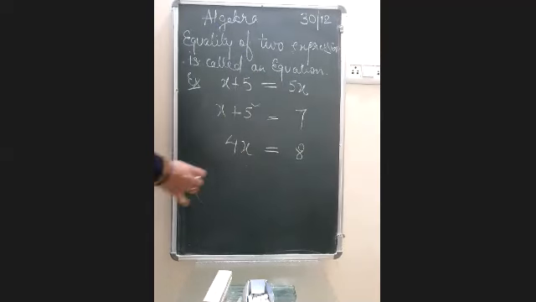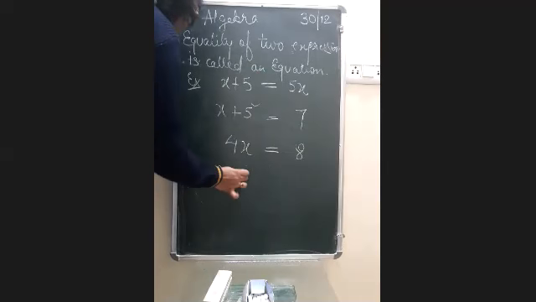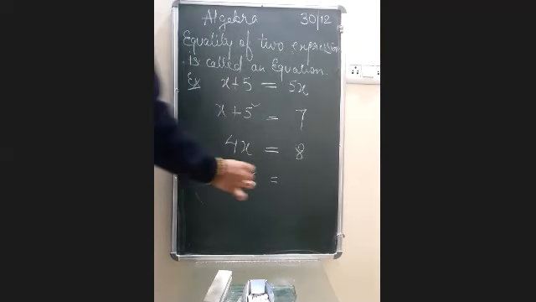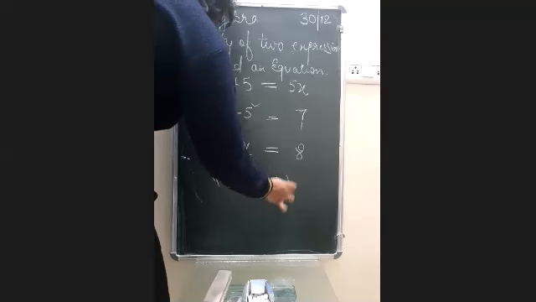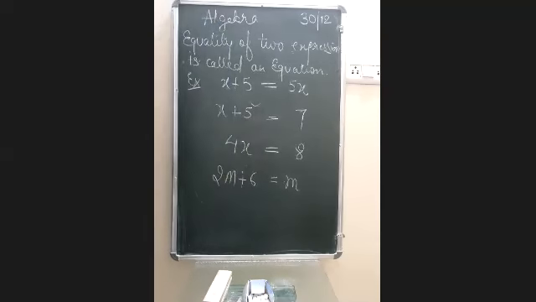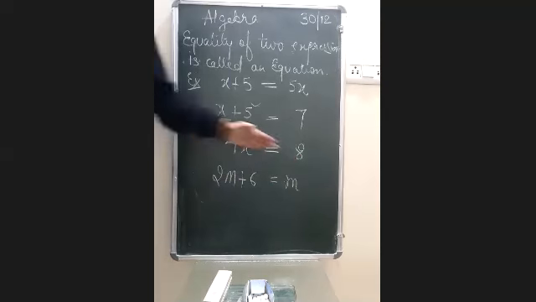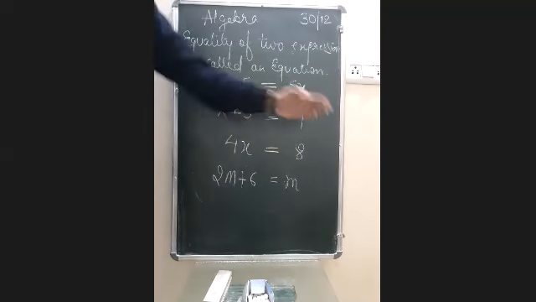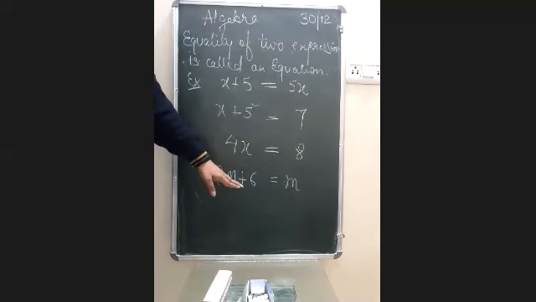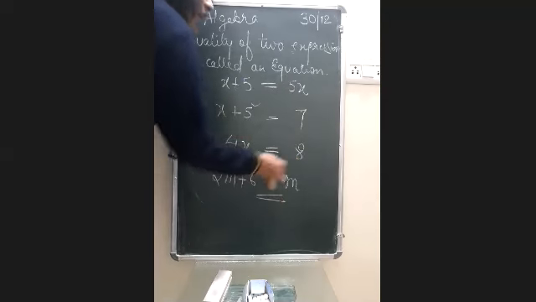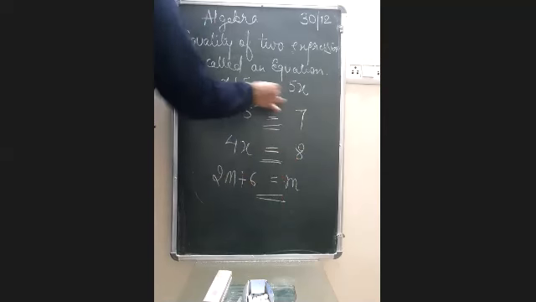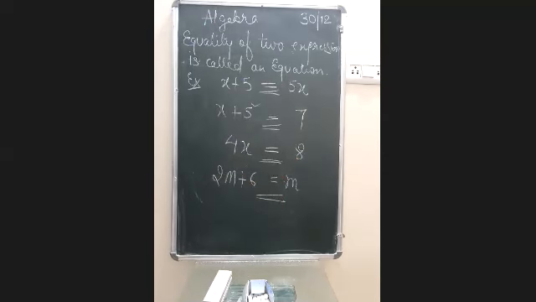If I write 2m plus 6 is equal to, suppose, m, then again it is an equation. When you have two expressions, one is 2m plus 6, another is m on that side, and equality in between, then we call it an equation.